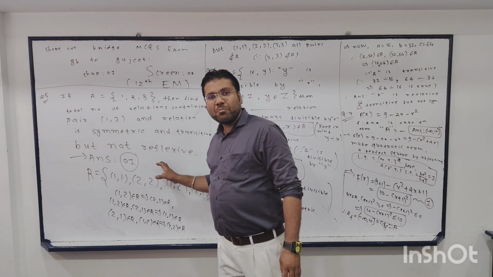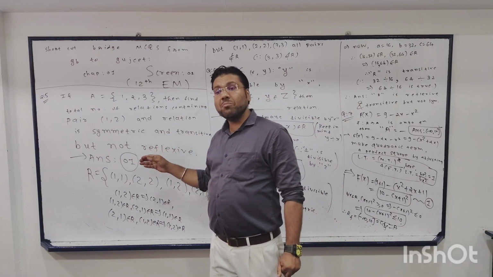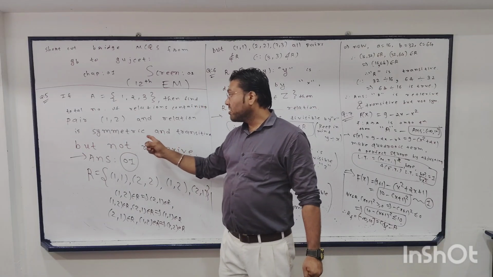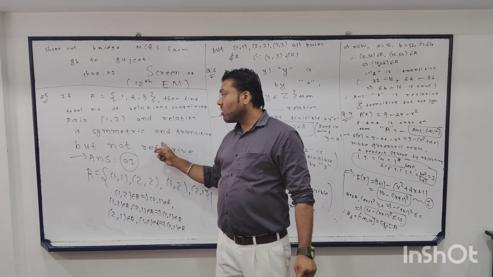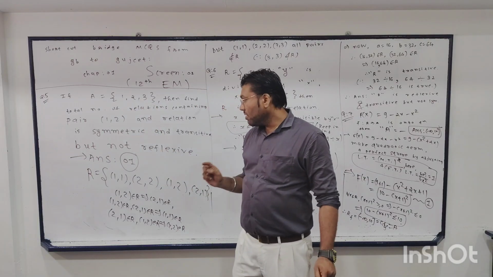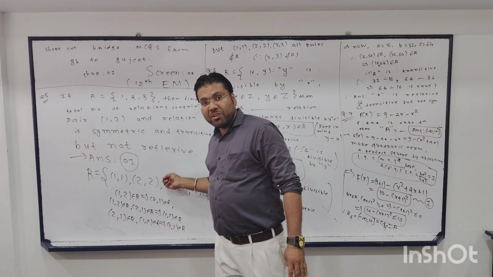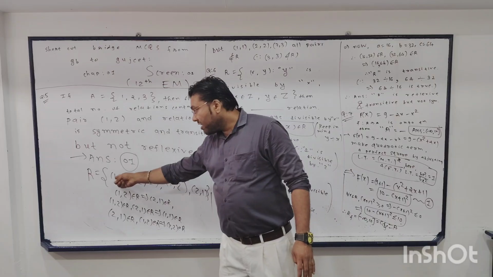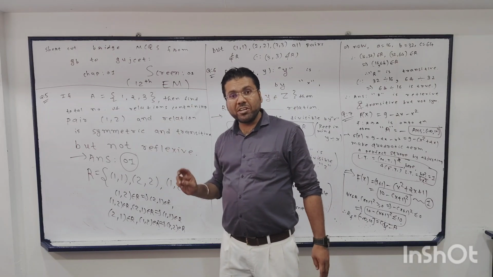But this question can be asked like this: the maximum number of relations which are symmetric and transitive but not reflexive. Then the answer will be 3, friends. The pair containing only (1, 2) gives relation number 1.